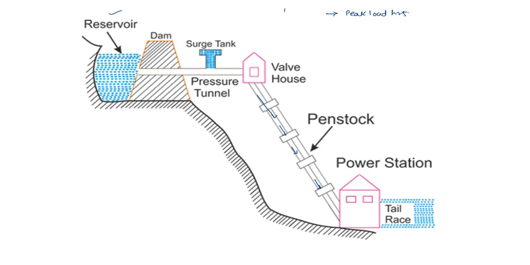So the mechanical energy is converted into electrical energy and then it is transmitted to the bus bar and then goes to the distribution line and to the consumer end. The water coming out from this penstock goes to the tail race or is given out to the rivers for further use.